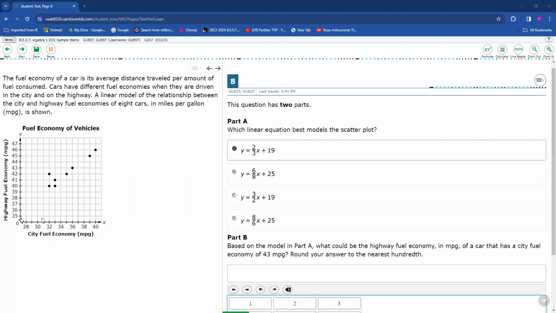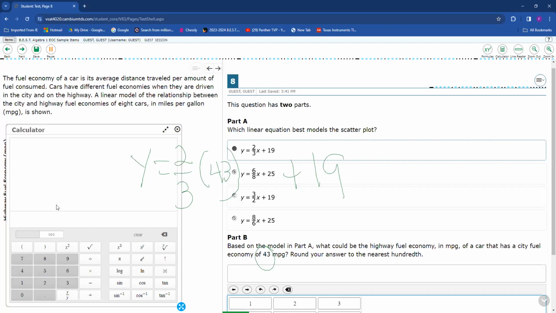Y is equal to 2 over 3 times 43 plus 19. I'm going to do that in the calculator here quickly. Let me bring down the calculator and clear all drawings.